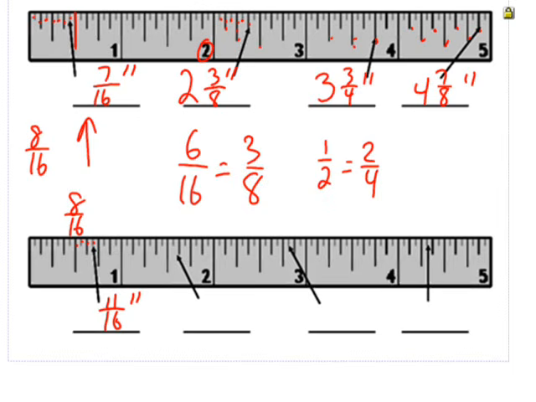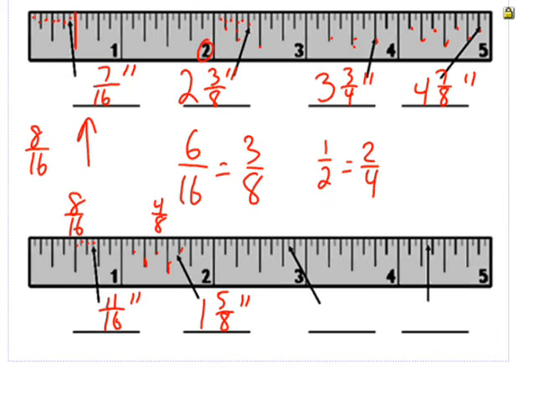The next one is pointing at, now this is 1/2, this is 1/4, it's pointing at an 1/8. And again, I'm going to use 1/2. I know that 1/2 is 4/8. This would be 5/8. So 1/8, 2/8, 3/8, 4/8. That's 5/8. This would be 1 5/8 inches.